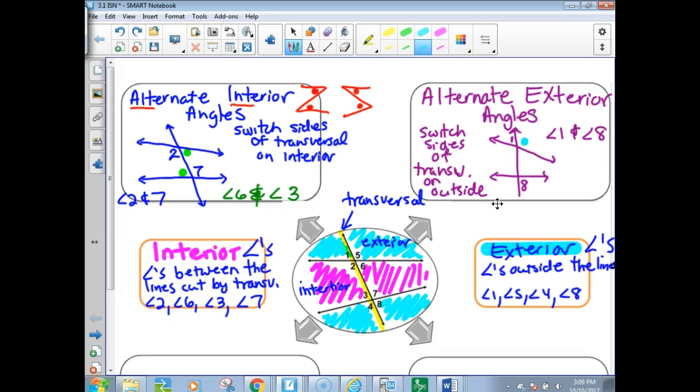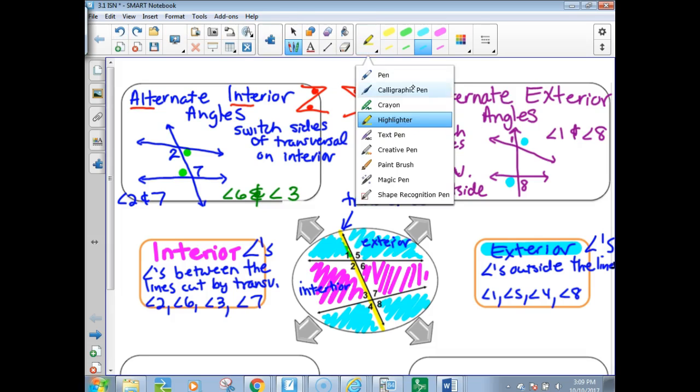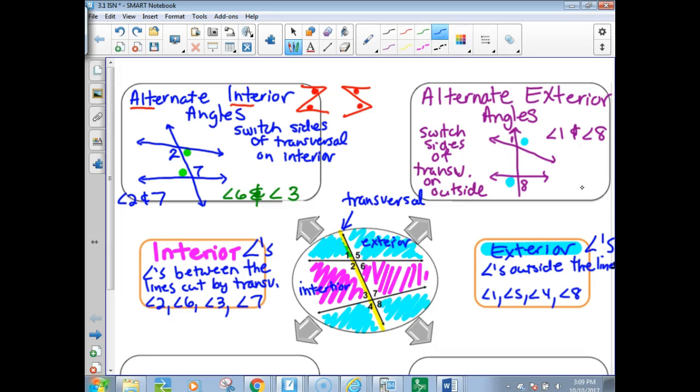This would be another exterior angle, and it would jump over and be down here, which in the picture are 5 and 4. Angle 5 and angle 4. So you jump over the transversal on the outside to find those alternate exteriors.